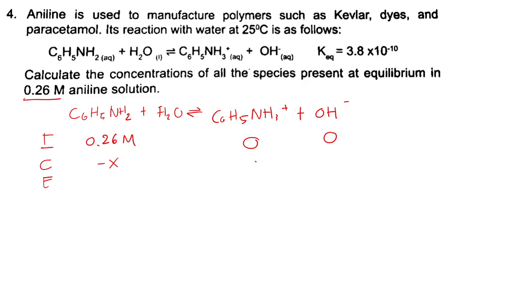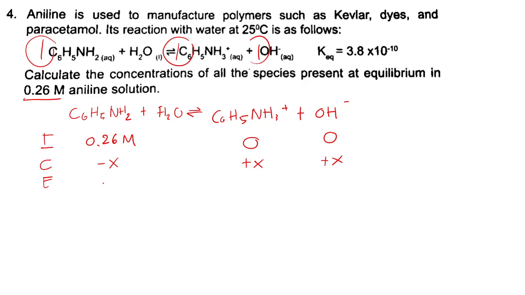I'll call it X also. Then in this case, we have plus X. And the same thing for this one is also plus X. So in this case, this is 1x obviously because it's based on the coefficient in the balanced chemical equation. So they have the same number of moles in this reaction.